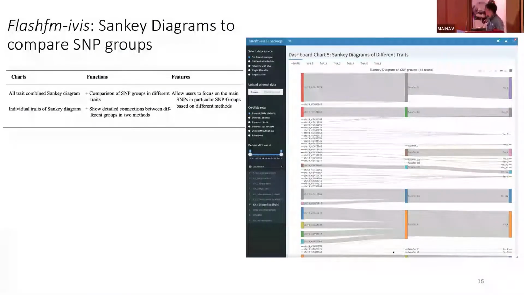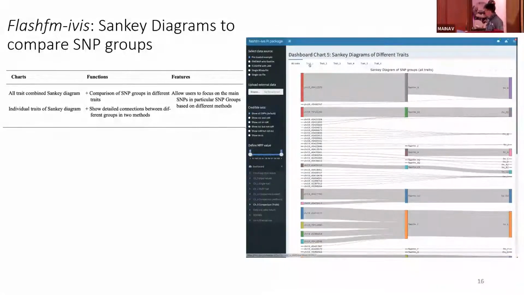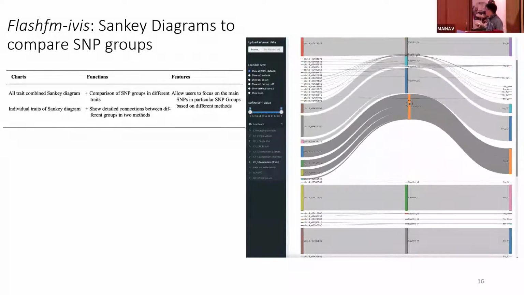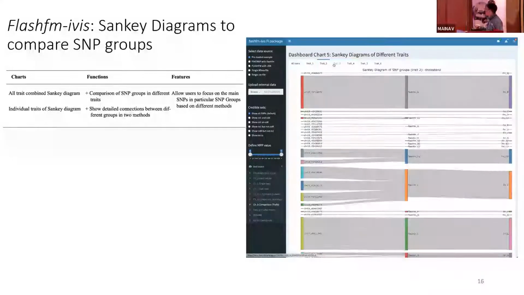So we have SNP groups created by flashfm, the multi-trait method, and SNP groups created from the single trait method, fine-mapping. You can also play with this to understand the details. You can see some SNPs belong to a particular group based on the single trait mapping, but they do not belong to any group based on the multiple trait fine-mapping.